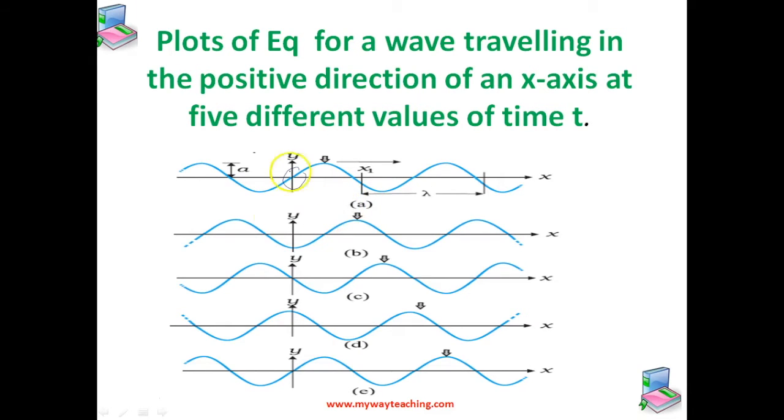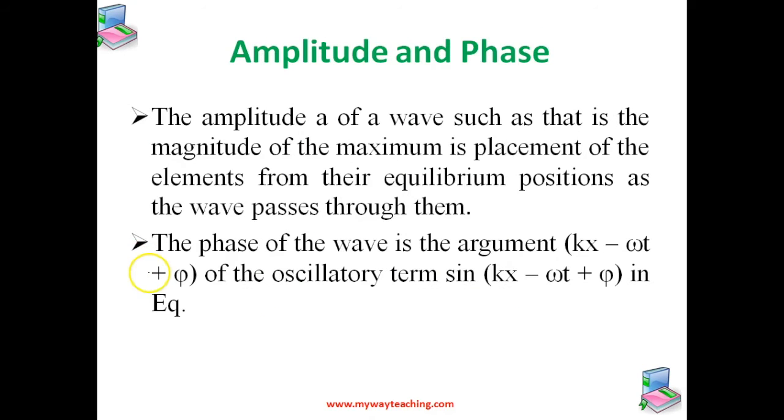So using these plots of this figure, we can define various quantities like amplitude, phase, wavelength, angular wave number. So let us define each of those one by one. The first one is amplitude and phase.